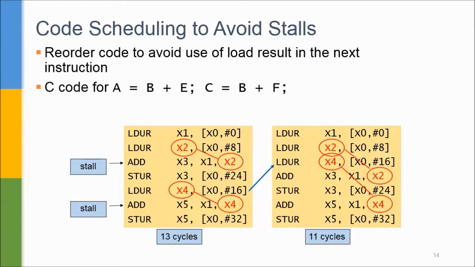So what are the hazards in this preceding code segment, and how can we reorder the instructions to avoid any pipelining hazard or stalls in this piece of code?